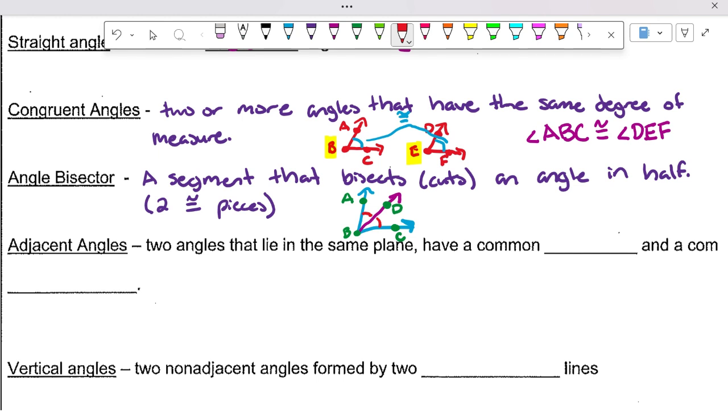It cuts it in half. So in other words, angle ABD is congruent to angle CBD. You can also say that angle ABD is the same thing as half angle ABC.